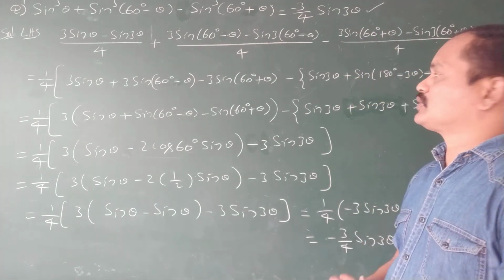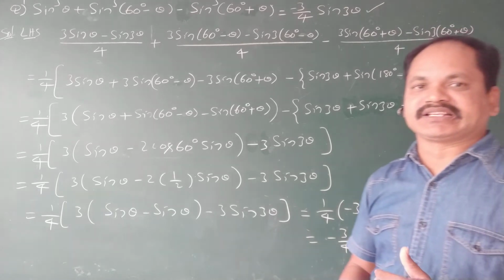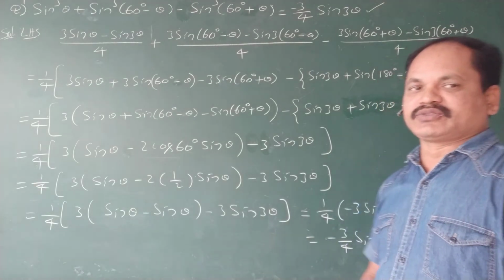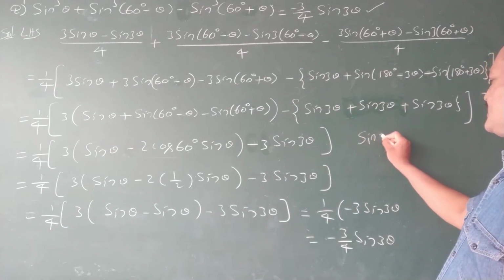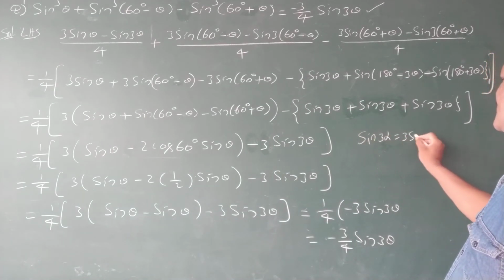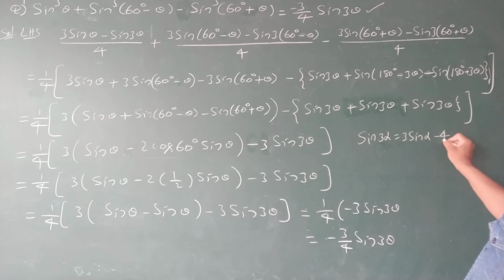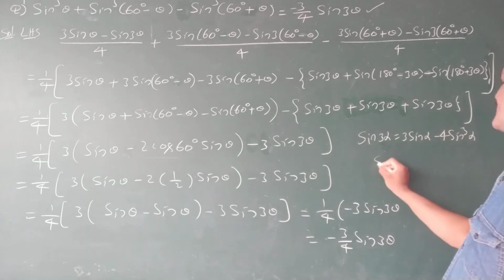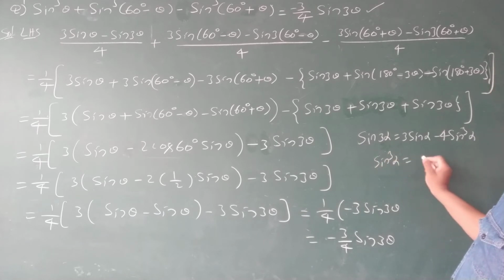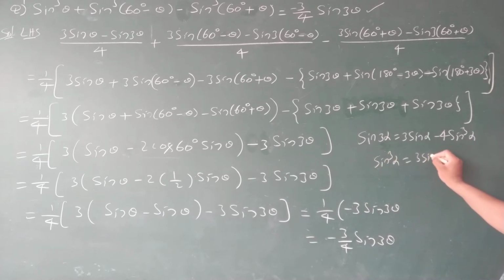So we know one formula, the sin 3 theta formula. We know that sin 3 alpha is nothing but 3 sin alpha minus 4 sin cube alpha. So from this, sin cube alpha is equal to (3 sin alpha minus sin 3 alpha) by 4.